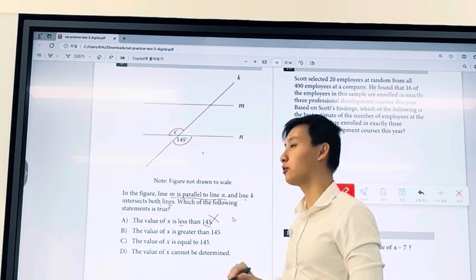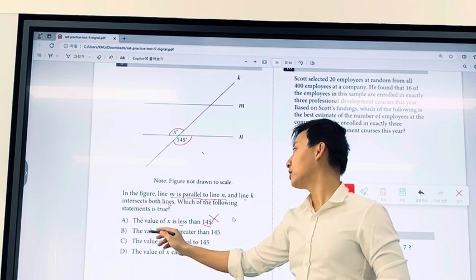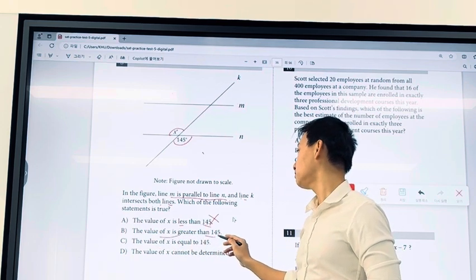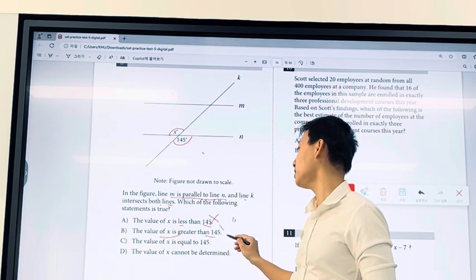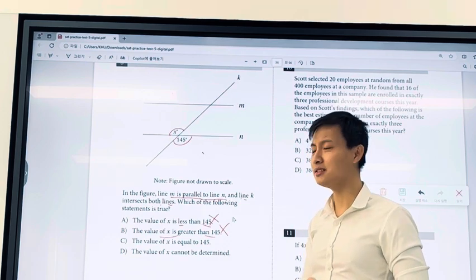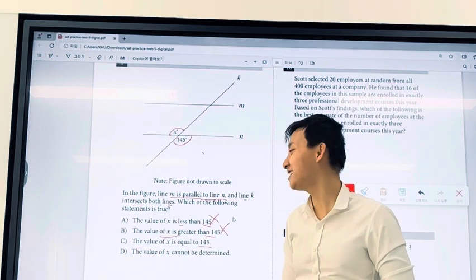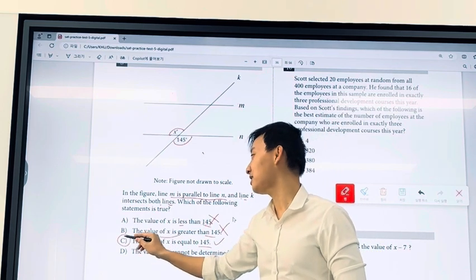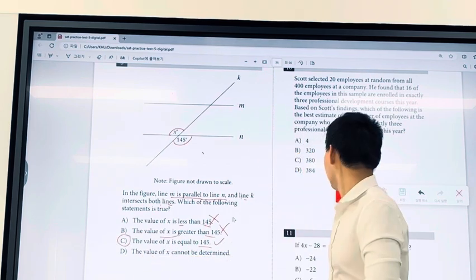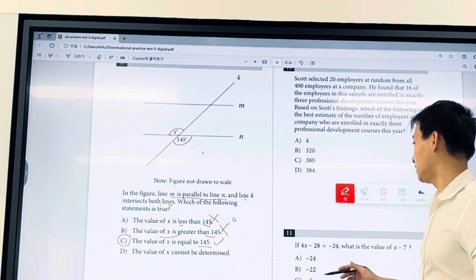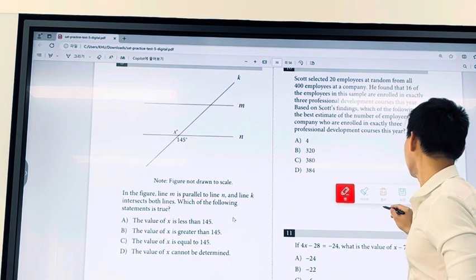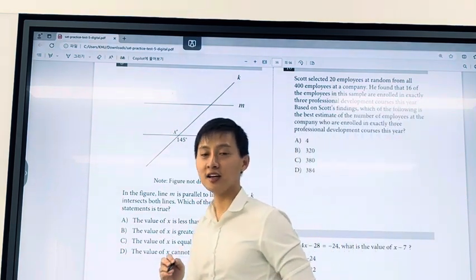So A is wrong. Next one, the value of x is greater than 150. Why wrong? It should be equal. So the value of x is equal to 150. We come up with the answer C. So far, do you get it?